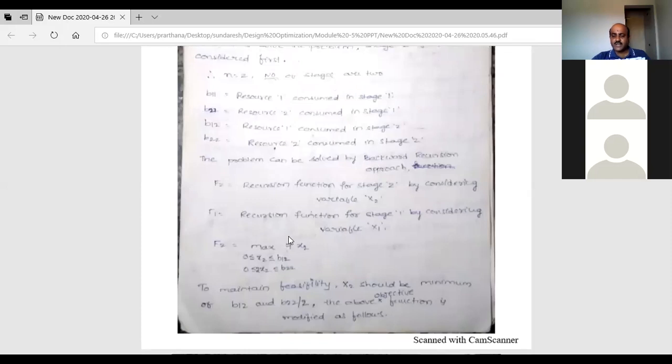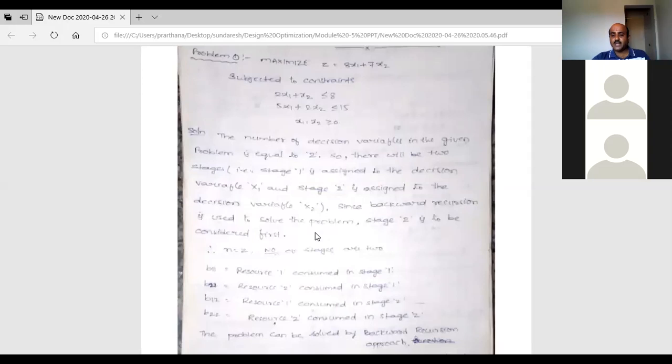Okay, so this 7x2 will vary as x2 varies, because x2 is the resource which will be consumed in stage 1 and stage 2 here. So x2 lies between 0 and b12. This is how we have assigned the resources. For stage 2, there are two resources we have assigned: one is b12 and the other is b22. So the constraint value for this stage is that x2 will lie between 0 and b12, and the second one is 2x2.